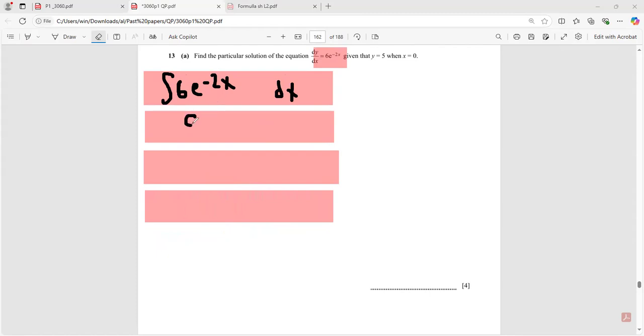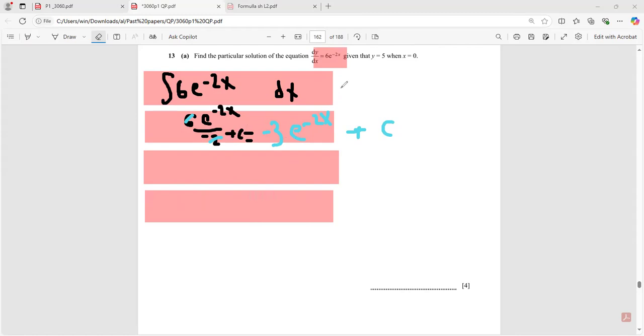We write it as it is, dividing by the derivative of the power which is -2. So the 6 divided by -2 is -3e to the power -2x, plus c, don't forget. It's not a limited integral, it's a normal integral, so all this is plus c.